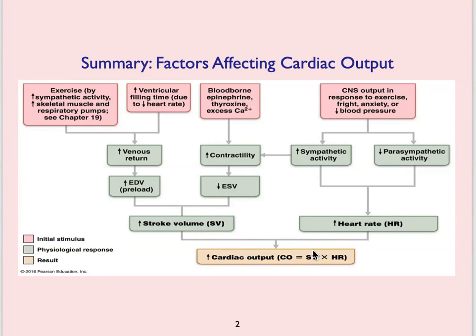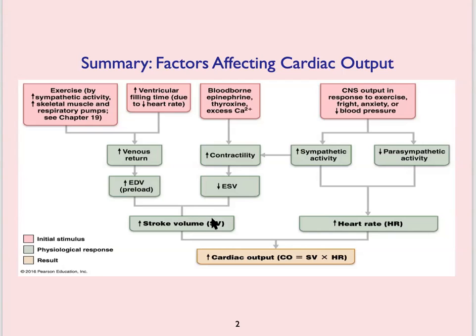When your heart is untrained, if you're not a highly trained athlete, your heart mostly utilizes this mechanism: increasing your sympathetic activity, causing your heart rate to rise when you start running. And a decrease in parasympathetic activity also contributes to an increase in heart rate, thereby increasing cardiac output.